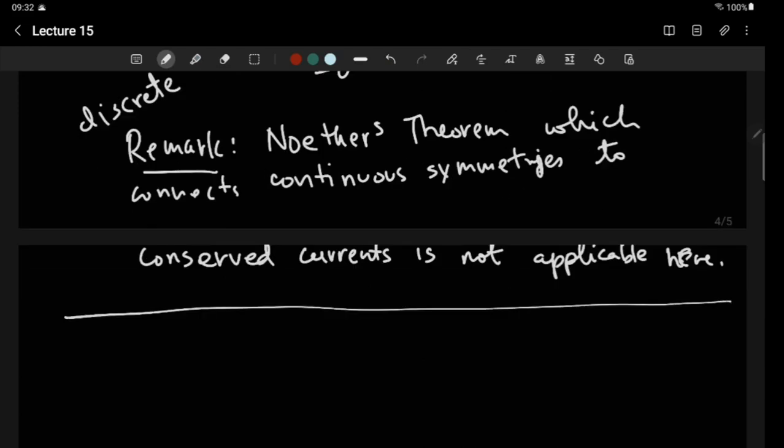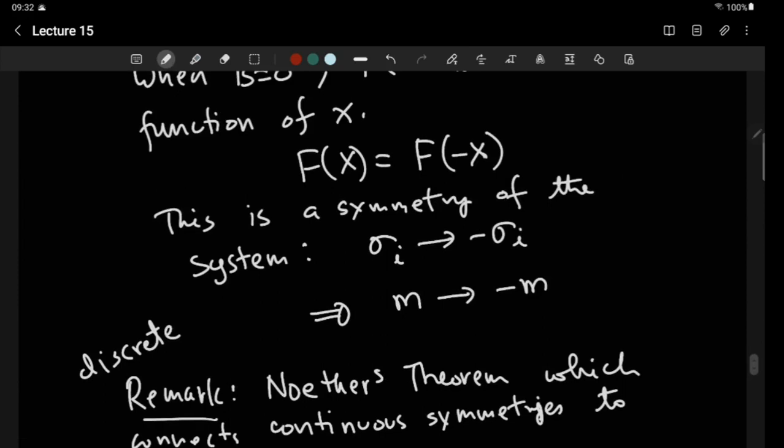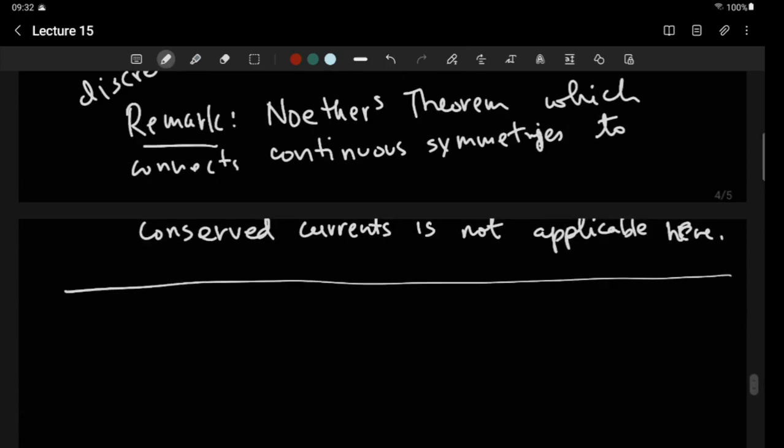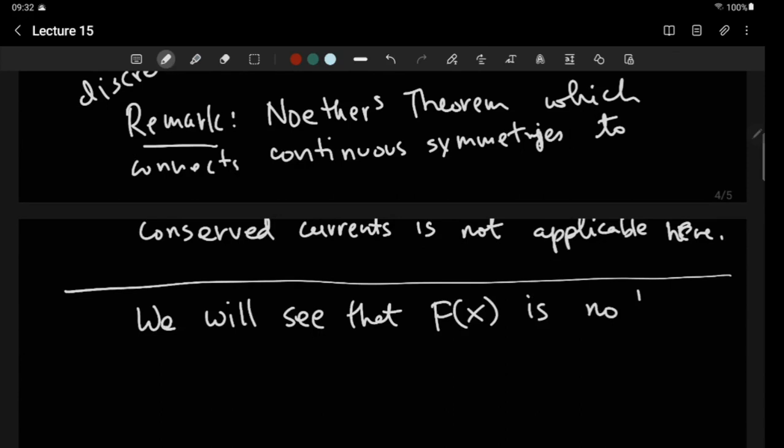So the first thing we will observe is that f of x is no longer even when b is non-zero.